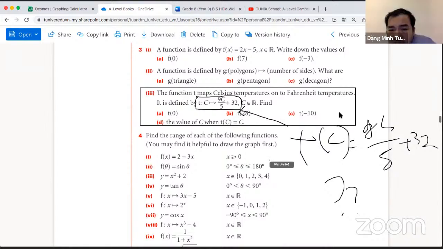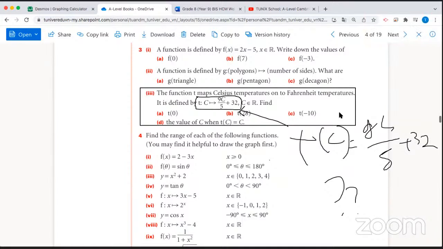That means for each value of C, you can find the corresponding value of T(C). T(0) just means C equals 0. You can substitute C equals 0, so T(0) is 32. T(38) means you take 9 times 28 divided by 5 plus 32.